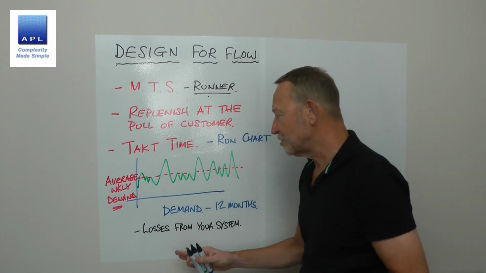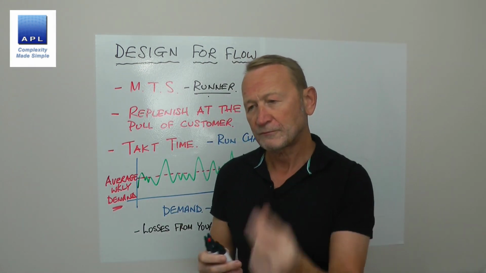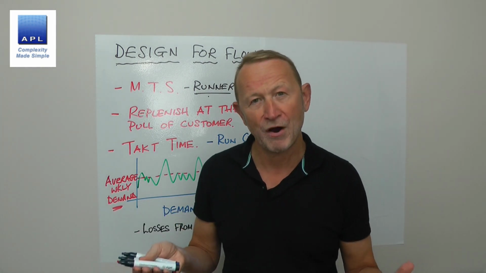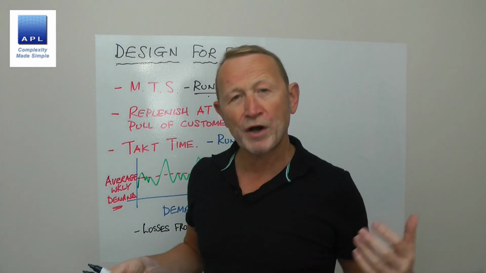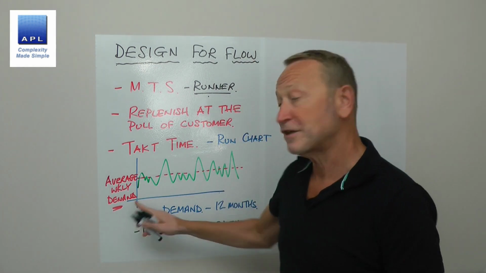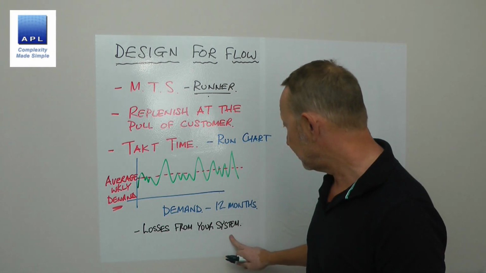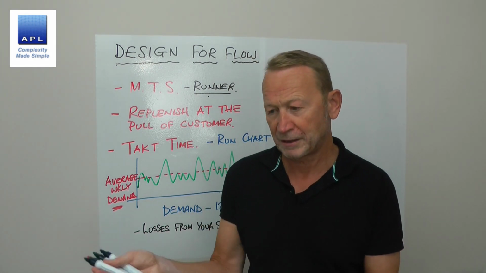So of course what that's doing is, if your average weekly demand said you need to make 1 a minute in order to keep up with the market, that's the way the market is taking your product, 1 every minute that you are in your factory, that would be the theoretical takt time. But of course you might say, yeah, but I've got losses from the system. I've got downtime periods.